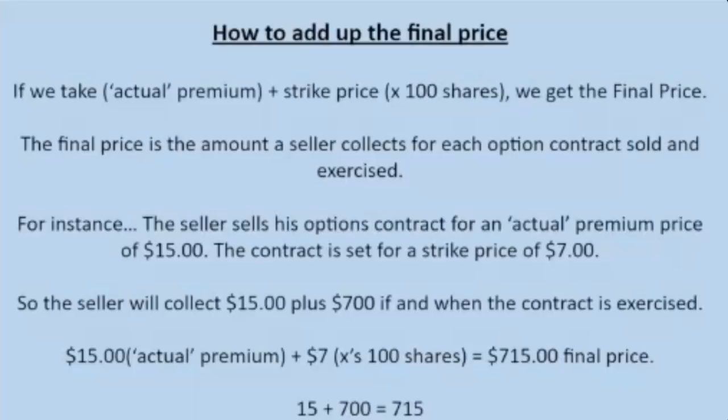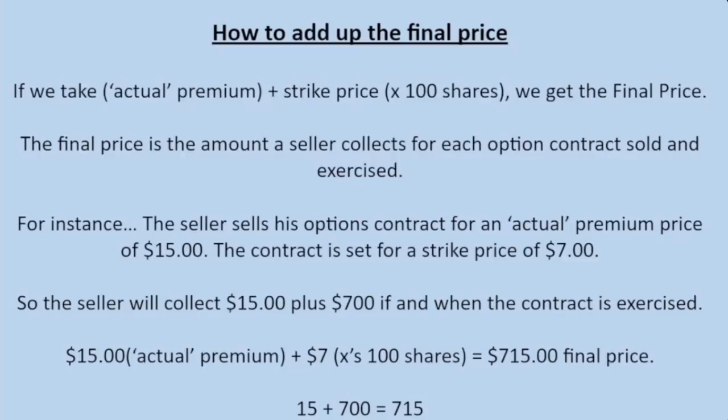So for instance, the seller sells his options contract for an actual premium of $15. That means he was selling that contract on, let's say, Webull. It was showing as a 15-cent premium. When he collected the premium from the buyer, he actually collected $15. Then the contract had that set price, the strike price inside of it, of $7. So we know right then and there, when that contract is fully exercised, what will the seller collect?